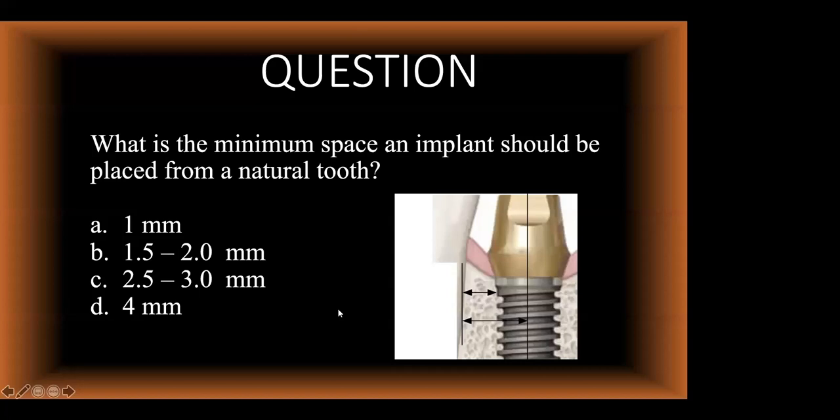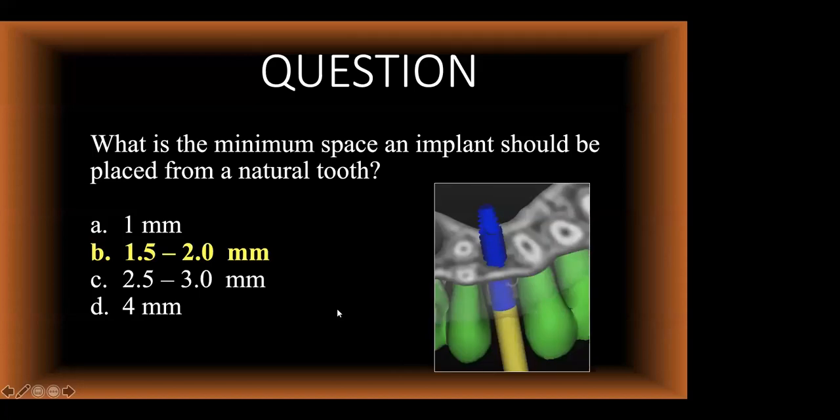Now let's look. Some of you might have put C. What is the problem with being 2.5 or 3 millimeters? In a lot of cases, you probably can get away with it, but when you're that far away, what happens is you're further away from the natural tooth, which means you have to overcompensate the emergence profile.